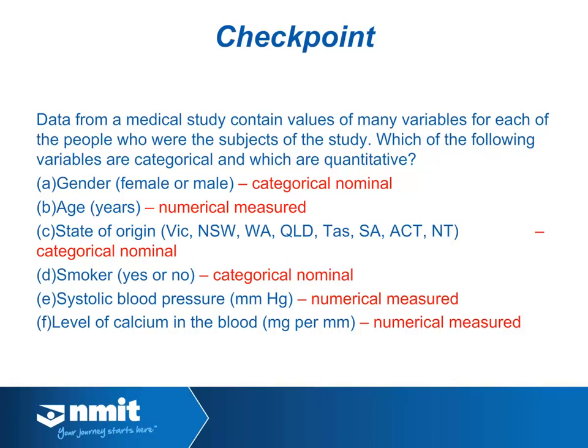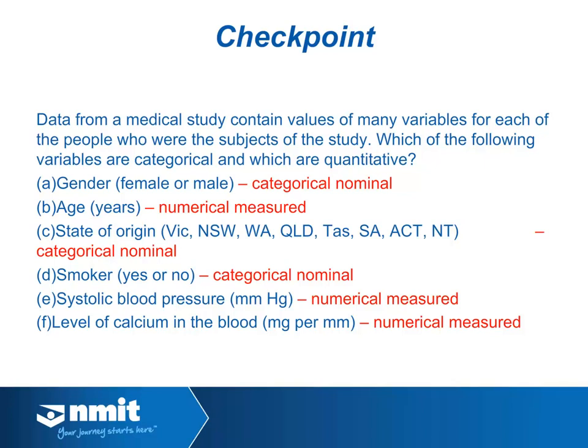Blood pressure is the next one, numerical measured. It's on a sliding scale. It's actually something we measure. We're not counting something, we're measuring something. Level of calcium in the blood, again, it's a measurement. It's the milligrams per millimetre. We're not counting.